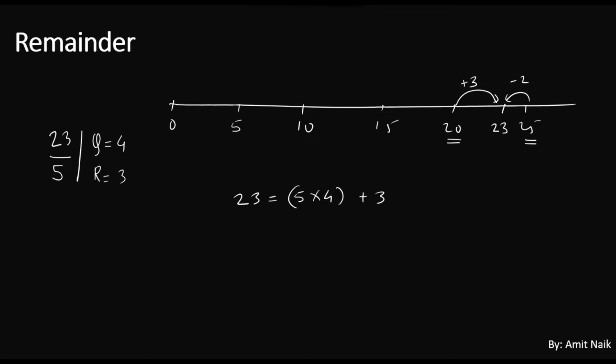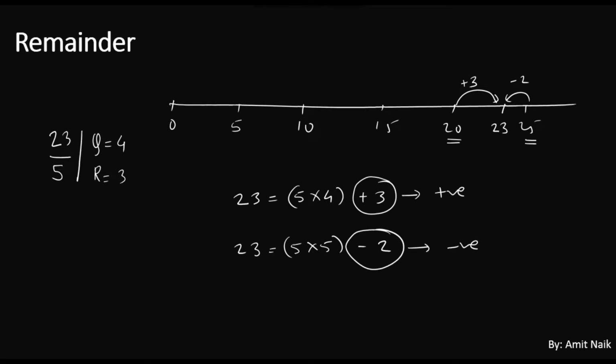I can also write 23 as 5 into 5, which is 25, minus 2, which means the remainder here can be either plus 3 or minus 2. That is what we call as positive remainder and negative remainder. So what we learn here is a basic thing that every division has two possible remainders.